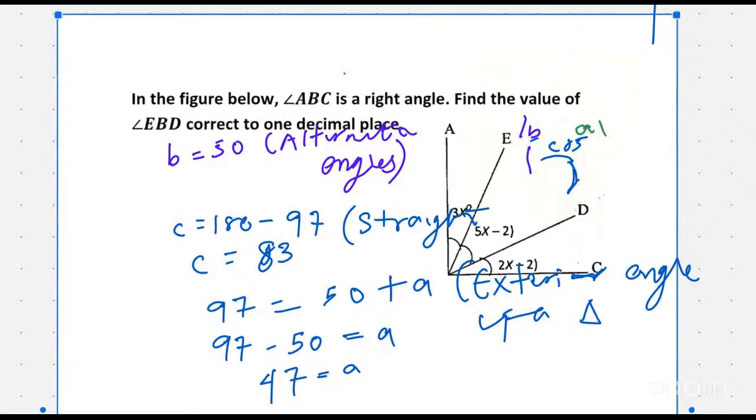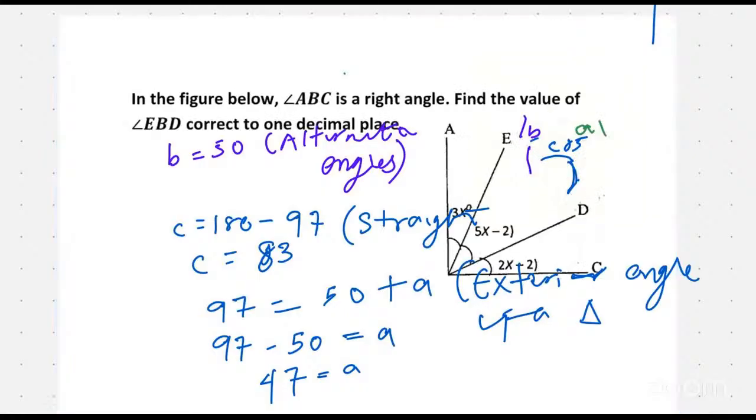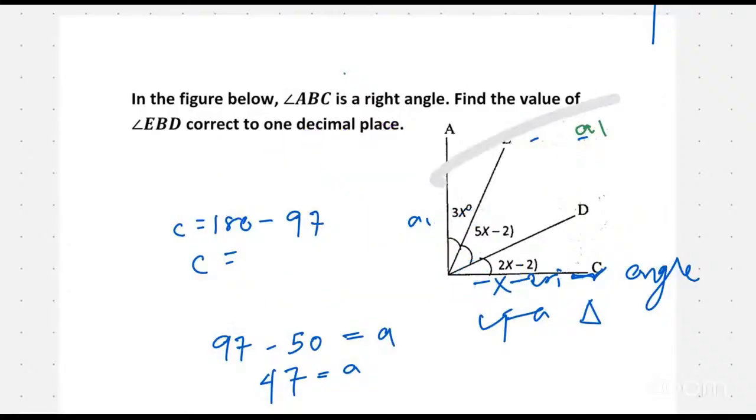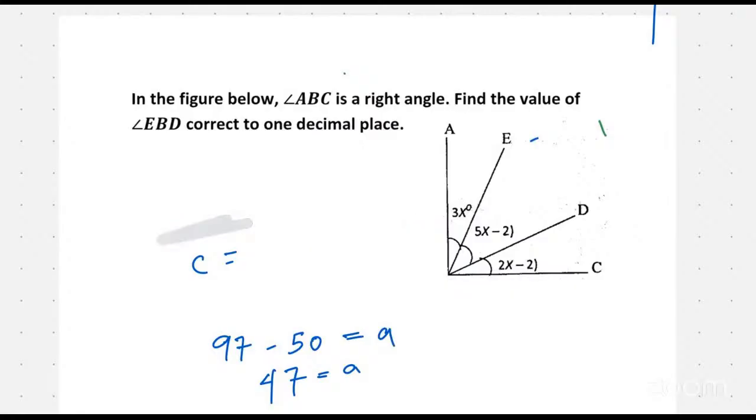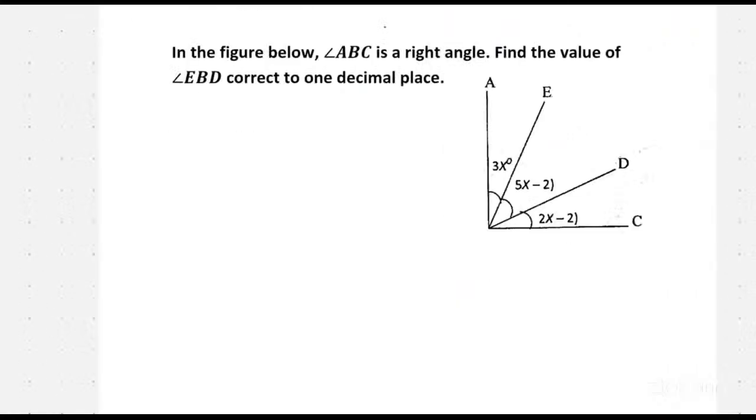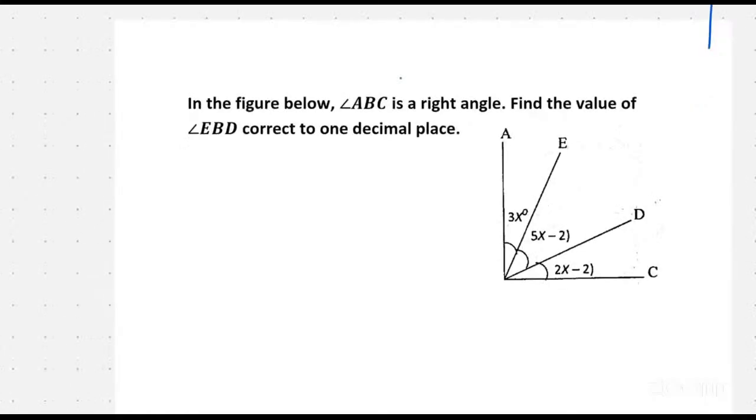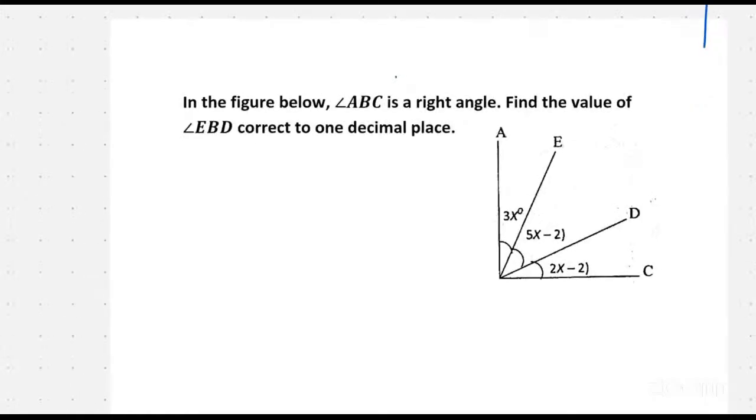All right, let's look at this. I want to take this out so that I have enough space. You can always get back to the live session. So look at this. In the diagram that we have, ABC is a right angle.